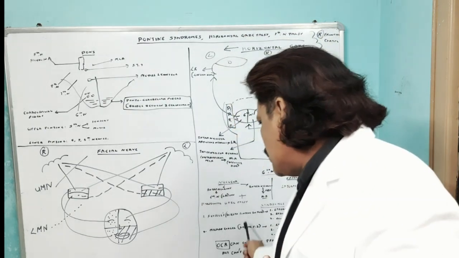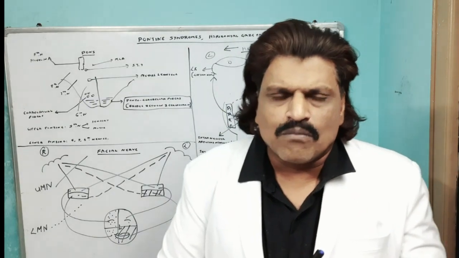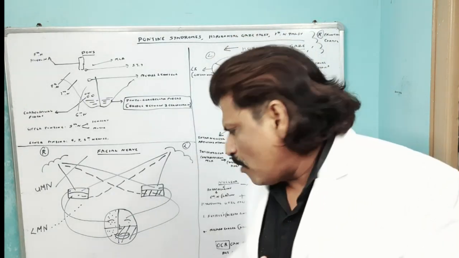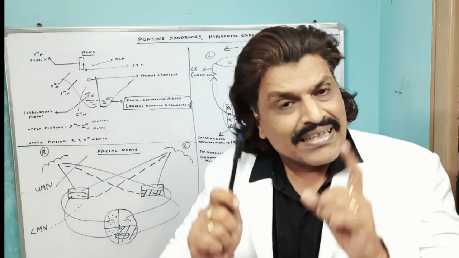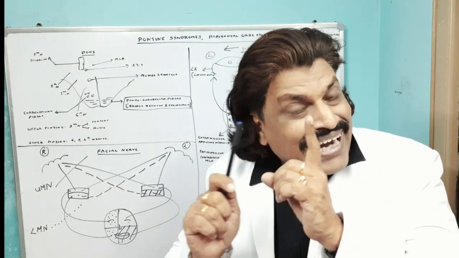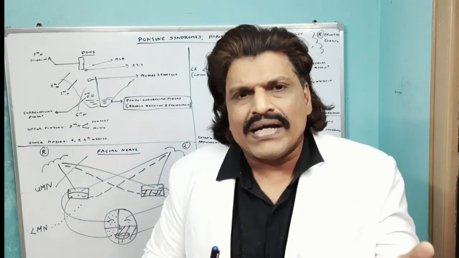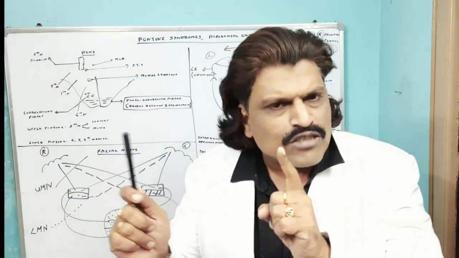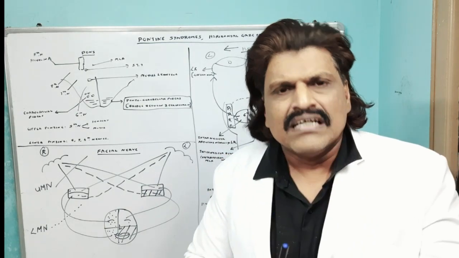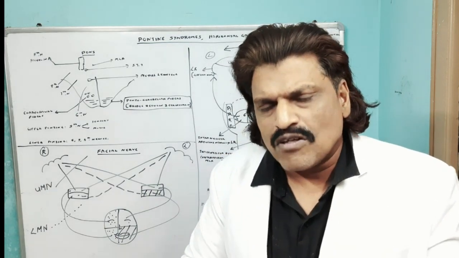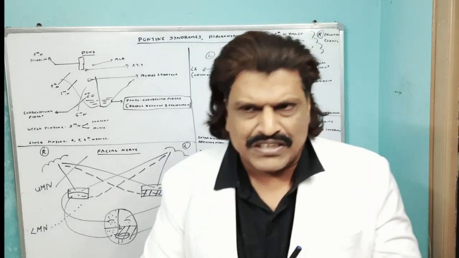It is a dorsal pontine injury. Whereas Millard-Gubler syndrome is a ventral pontine syndrome wherein there is only sixth nerve involvement, lateral rectus. Unlike Foville's, where there is horizontal gaze palsy, in Millard-Gubler there is only lateral rectus palsy with ipsilateral lower motor neuron seventh nerve palsy and contralateral hemiplegia.